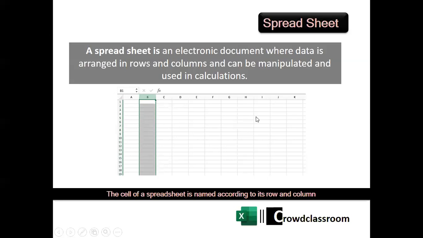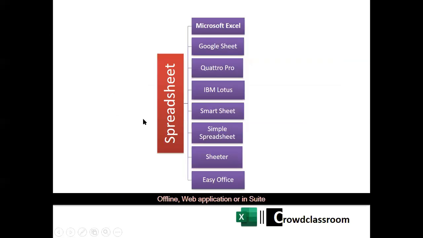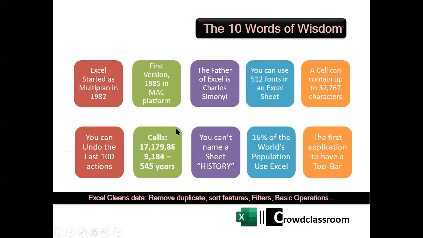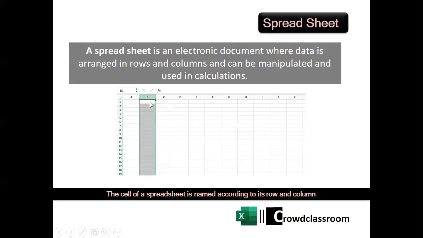So anywhere in your spreadsheet where you select, you are going to have the name reflected here. So we said the cell of a spreadsheet is named according to its row and column, and that is fine. So that is briefly on spreadsheets.